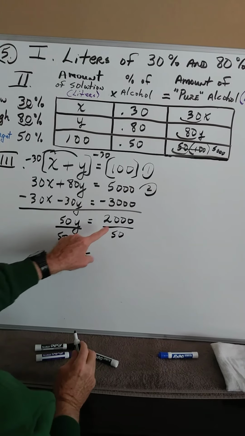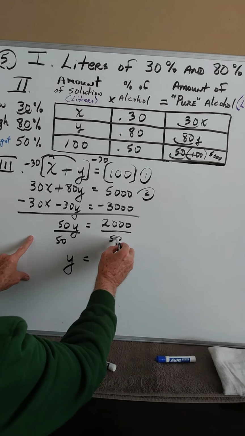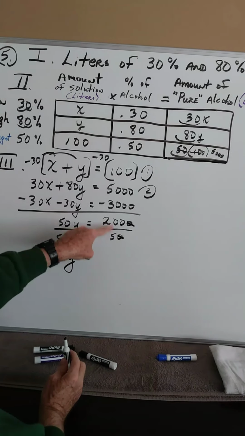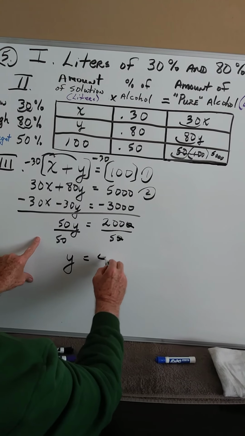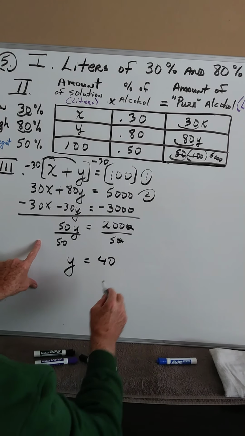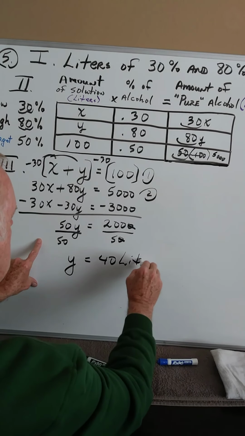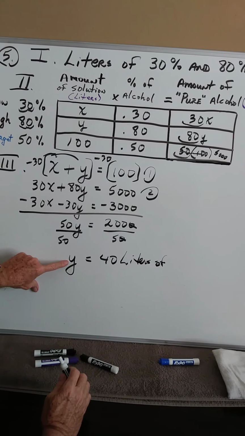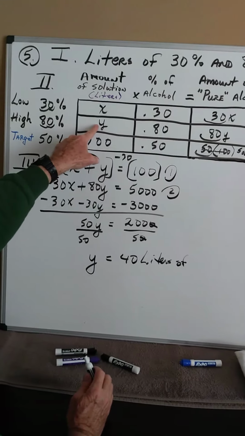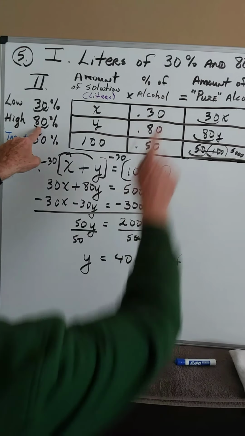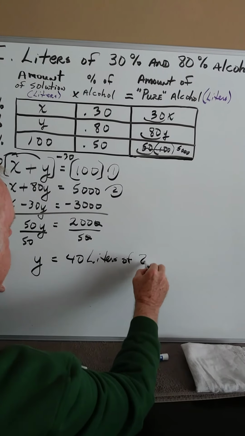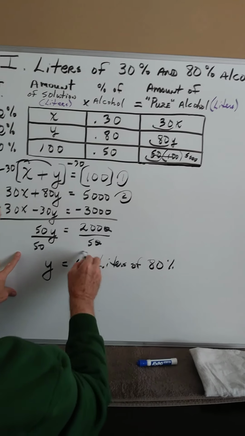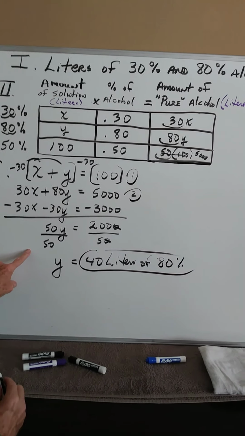Y is equal to, well, you can cancel out the ending zeros. 200 divided by 5 would give us 40 liters of what? Well, it's Y. Let's see what Y is corresponding to. 80, 80 of 80%. Circle that. That's part of our answer.